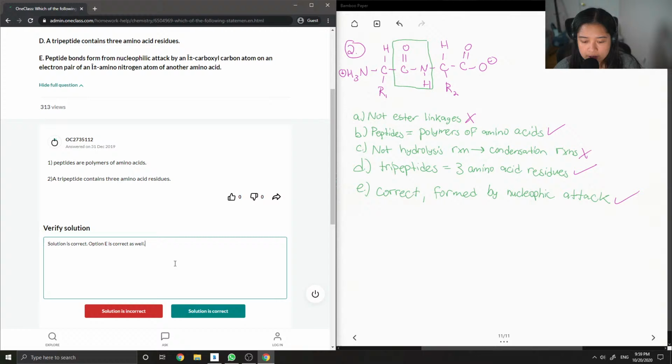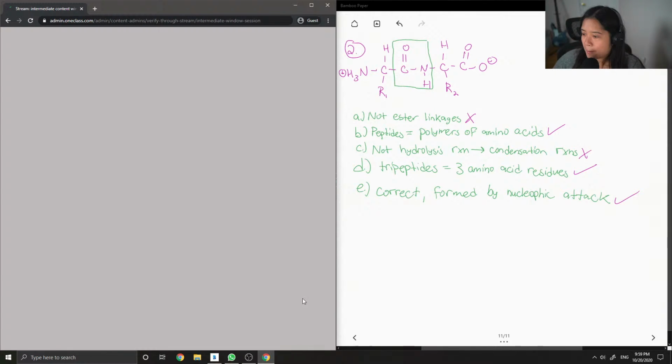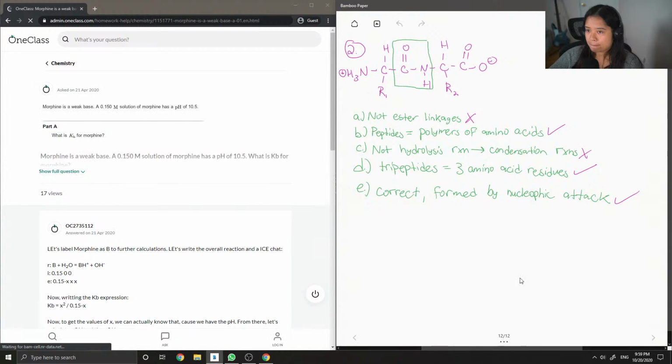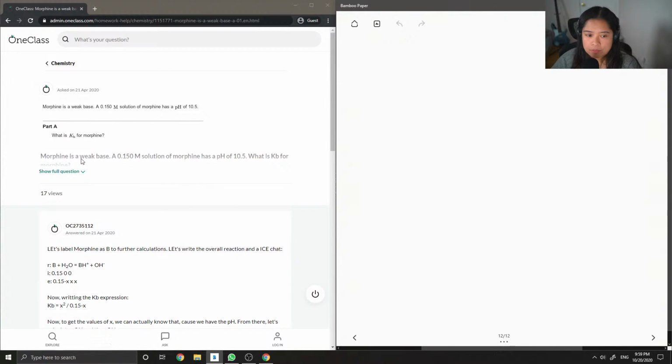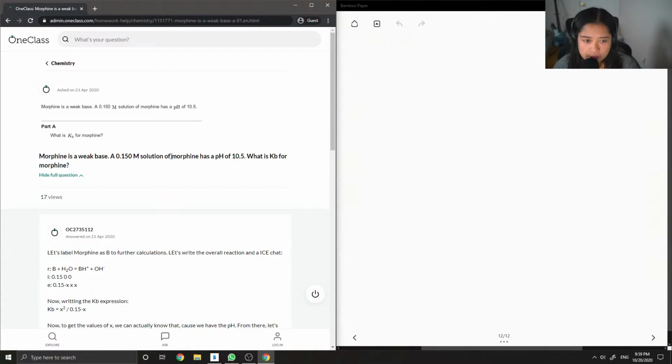Okay, so let's move on to question number 3. Morphine is a weak base. A 0.15 molar solution of morphine has a pH of 10.5. What is Kb for morphine?